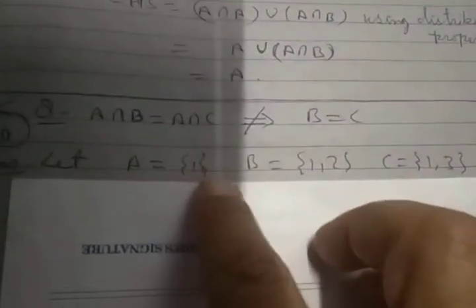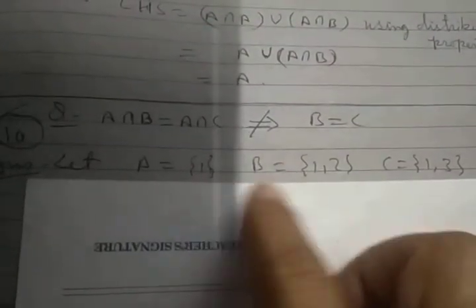So we are searching for sets A, B, C. Taking A as {1}, having one element, B is {1, 2}, because we have to find A intersection B. C is also taken as {1, 3}, so that 1 is common with A and B, and A and C, and their intersections will be equal. You can see it.